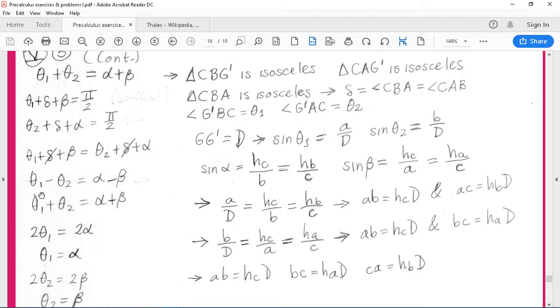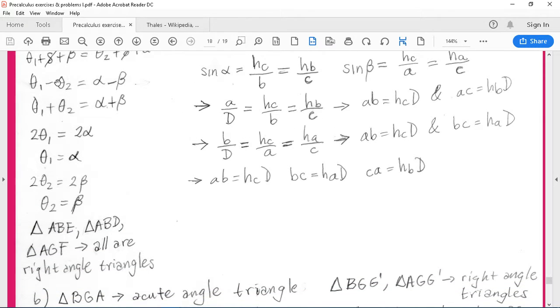So there are our two relations. If we add them up, we have 2 theta 1 equals 2 alpha, or theta 1 equals alpha. If we subtract these two, we have 2 theta 2 equals 2 beta, or theta 2 equals beta.